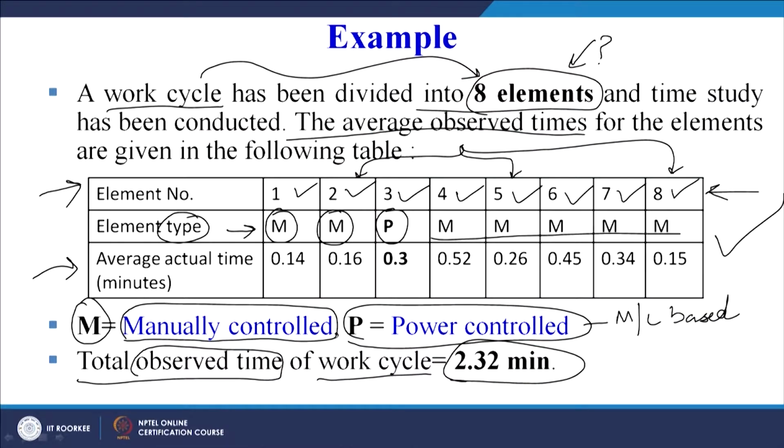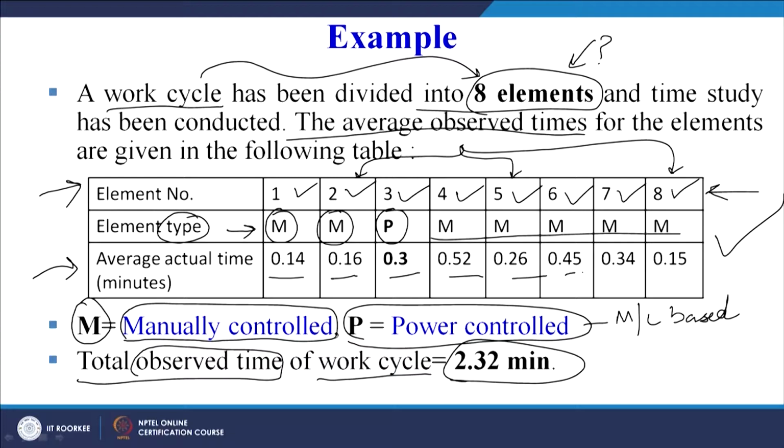So for each and every element, if we have the PMTS data, we can very easily calculate the rating factor for the individual element and multiply it with the observed time for that element. We have the observed time data already available with us. If we refer back to the data, we have the average actual time for each element.